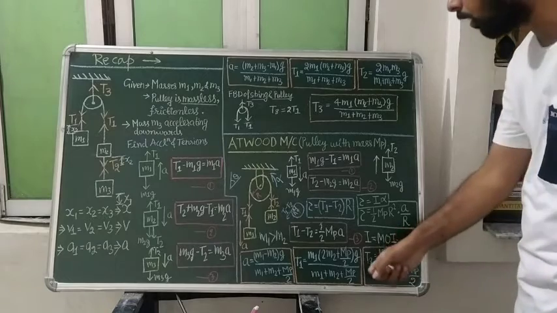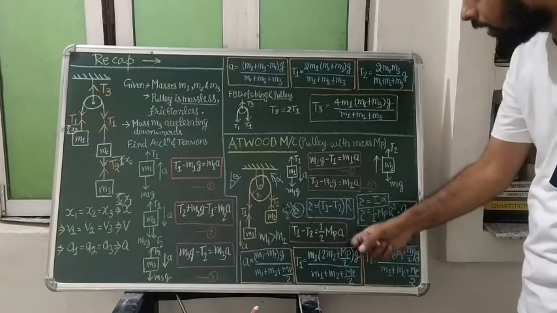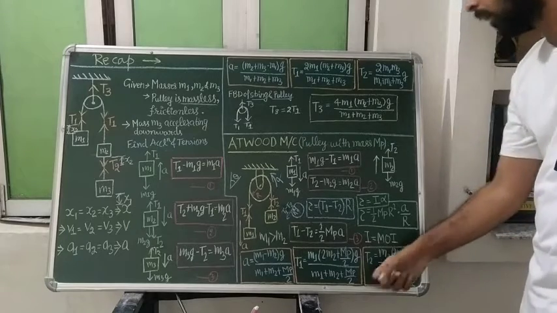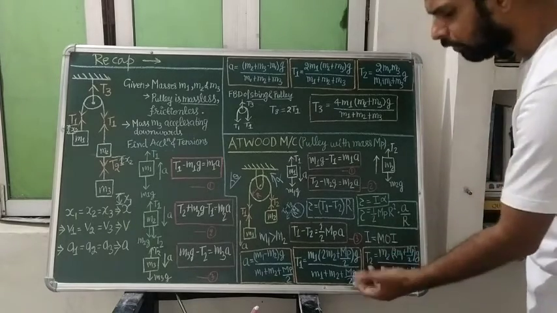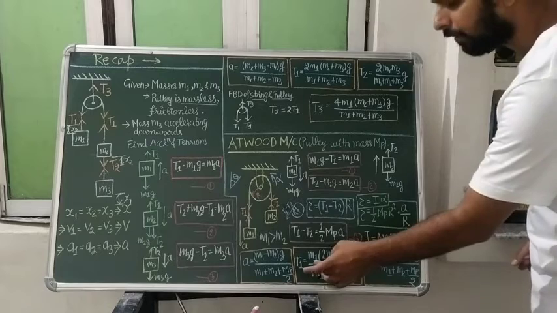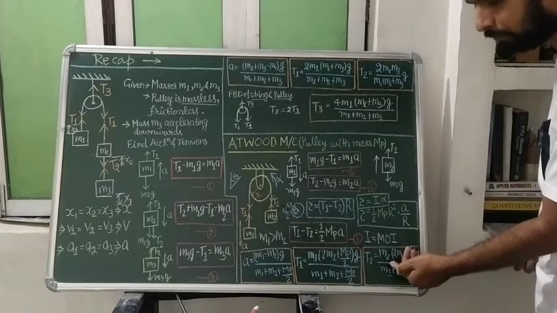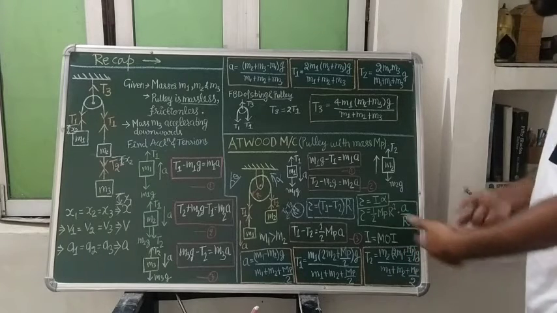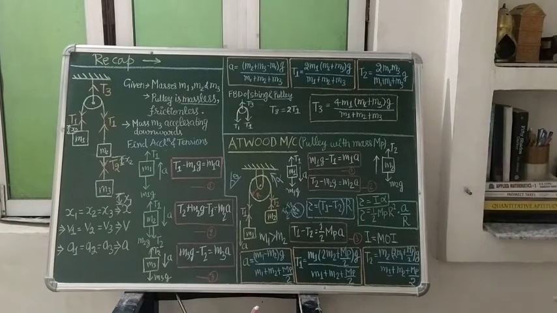And for T2, of course, you can put the value of a in the second equation and get the value of T2. If you have calculated T1, you can think that in place of m1 we should write m2, and in place of m2 we should write m1, and we will get the expression of T2 that way.